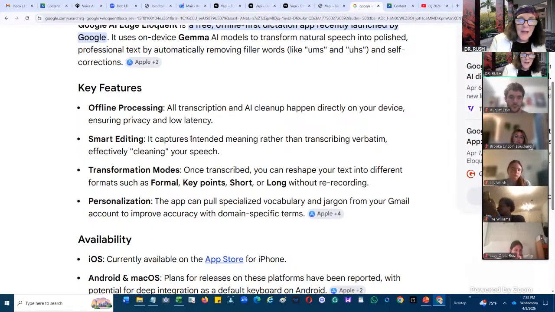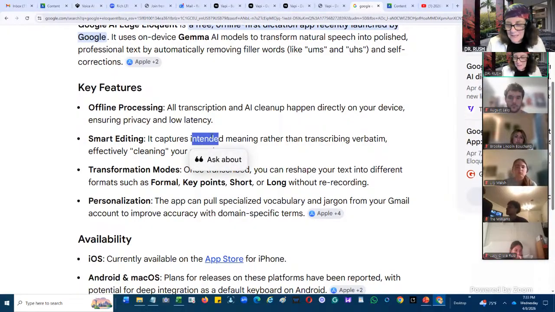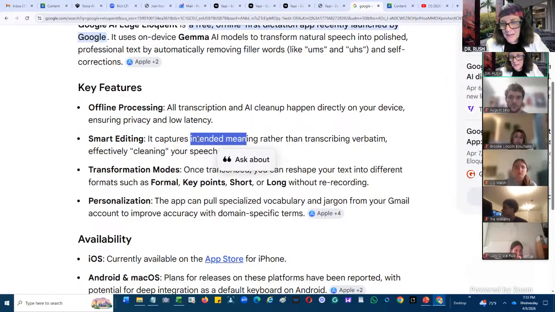And smart editing, it captures intended meaning rather. Look at this. I'm so excited about this. What gets me excited is really kind of absurd, isn't it? Okay, but it captures what in this case? Lucy, you see this?